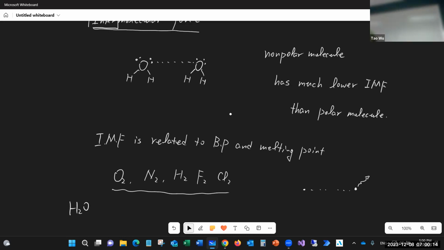Most of those are solid. That's because the intermolecular force is too strong. It's even stronger than in the polar molecule. So at room temperature, the intermolecular force is so strong that it bonds everything together.